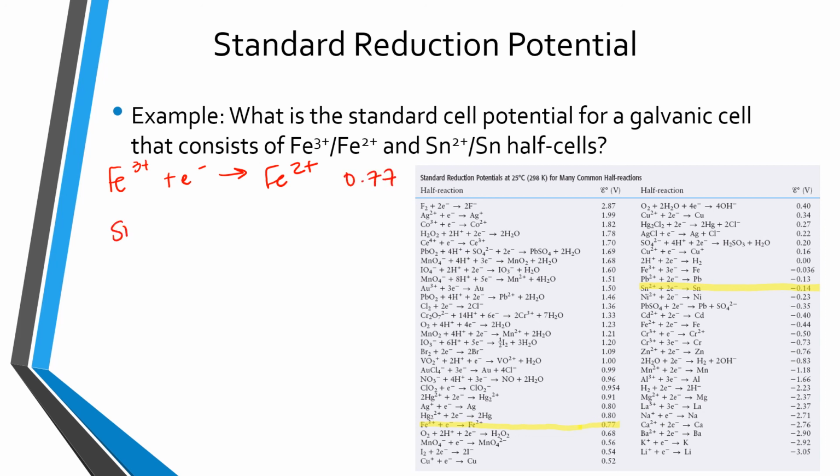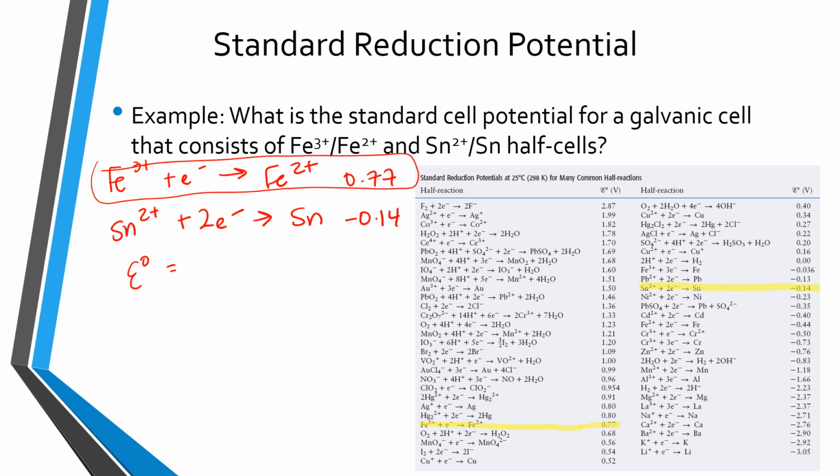And then I have tin 2+ plus 2 electrons makes tin, and it is negative 0.14. So of course this is going to be my reduction. So my cell potential is cathode minus anode, or reduction minus oxidation. So my cell potential is 0.91 volts.